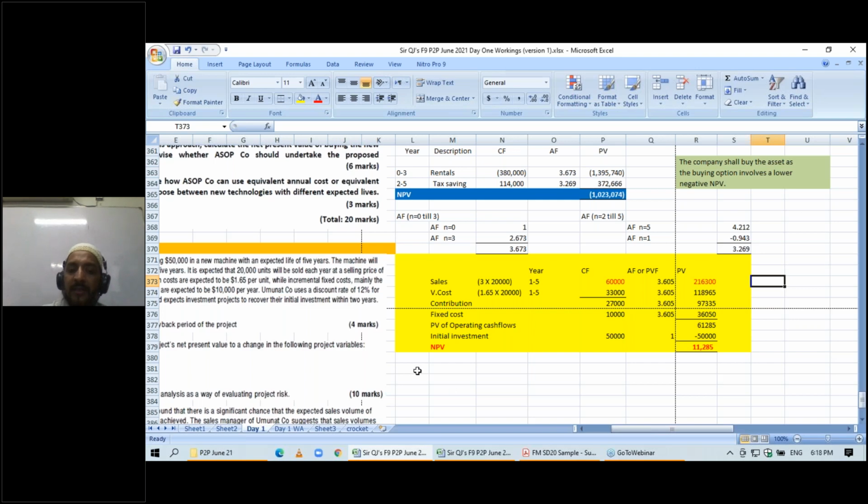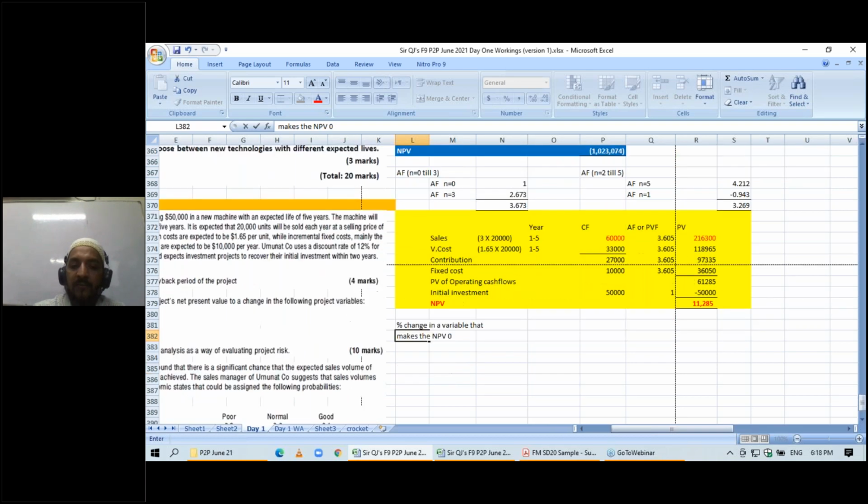So sensitivity analysis means the percentage change in a variable that makes the NPV zero. This is sensitivity. Now the formula is very simple.